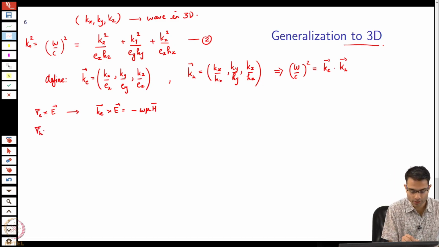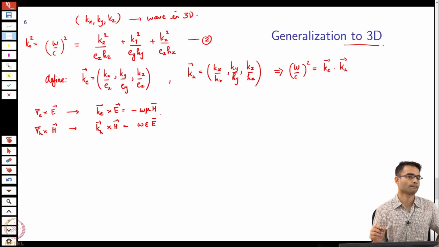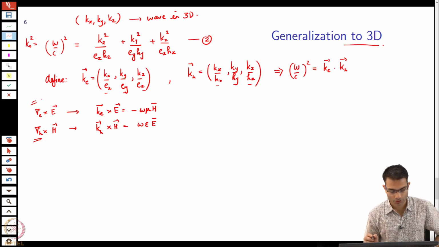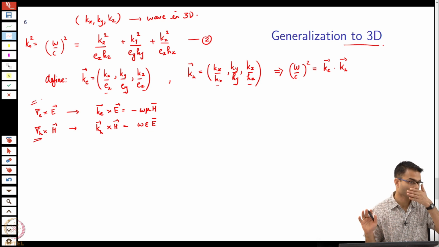The second equation, curl H, gets translated as Kh cross H equals omega epsilon E. You notice that Kh has exactly the Hx, Hy, Hz terms, so it is consistent with the definition of del H, and the Ex, Ey, Ez are captured in the del E term. In this make-believe new world, I am just rewriting all the equations for simplicity.